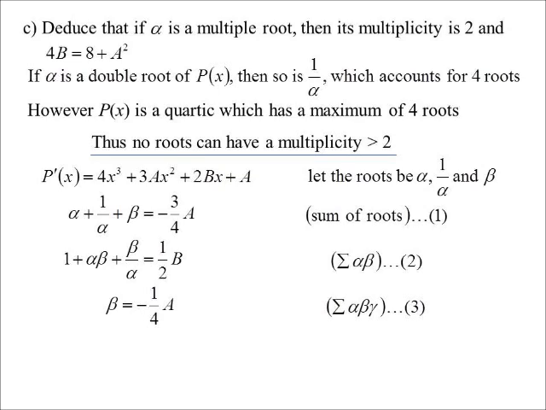Sum of the roots 2 at a time: 1 plus alpha beta plus beta on alpha is a half b. And the product of all the roots, well, the 1 on alpha times the alpha becomes 1. So I now know that beta, that third root, is minus 1/4 a. All right, let's play around with that.